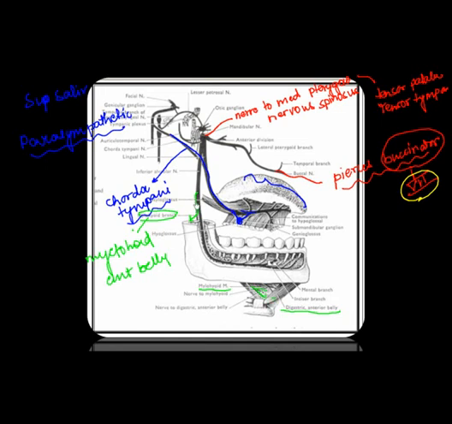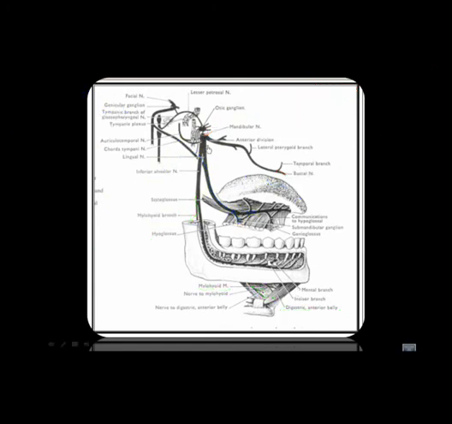While your inferior alveolar nerve continues inside the mandibular canal and supplies all the teeth till the incisors. Here it gives one more cutaneous branch, the mental branch, that supplies the skin and the gingiva and the mucous membrane in this area. Herein we can see one more branch of the posterior division, the auriculotemporal nerve.